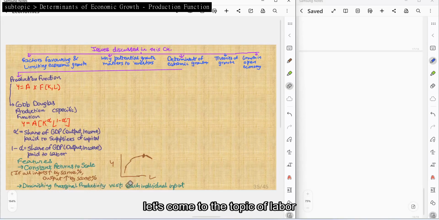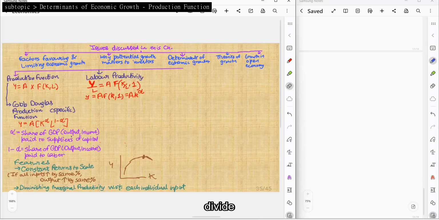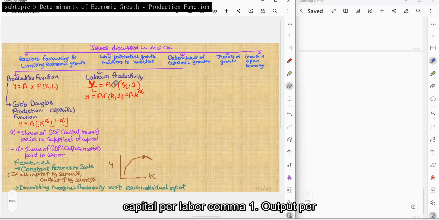Now let's come to the topic of labor productivity and the original production function. If we divide both sides of the equation by labor, then we'll get an equation like this. Output per unit of labor equals the level of technology in the economy multiplied by a function of capital per labor, comma 1.